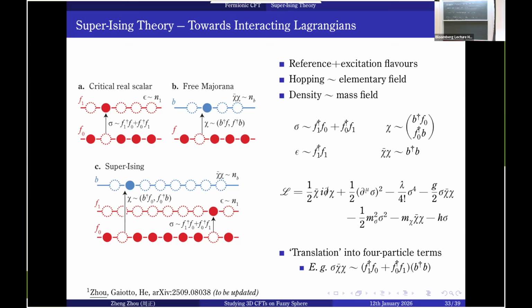I think you have to have a relation between this lambda and g. Yes, exactly, and I think this happens automatically. Somehow that relation between the couplings emerges automatically from the underlying model?